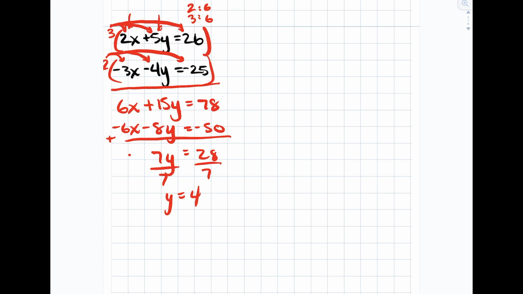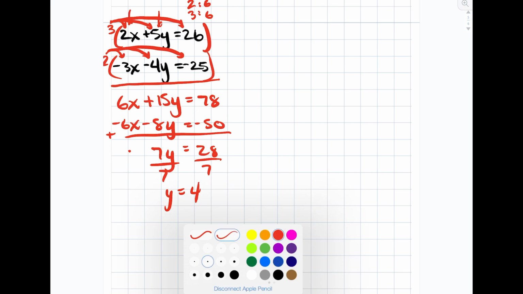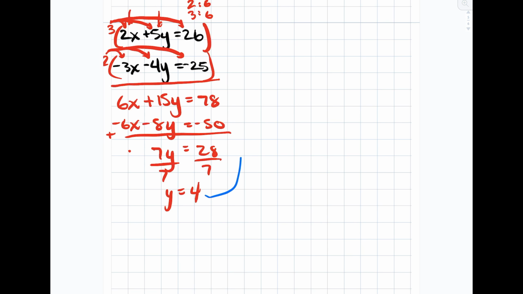Divide by 7. 7 goes into 28 4 times. All right. That's half the battle. Take this and plug it into the first one, 2x plus 5y is equal to 26. So that 4 gets plugged into the y right there.